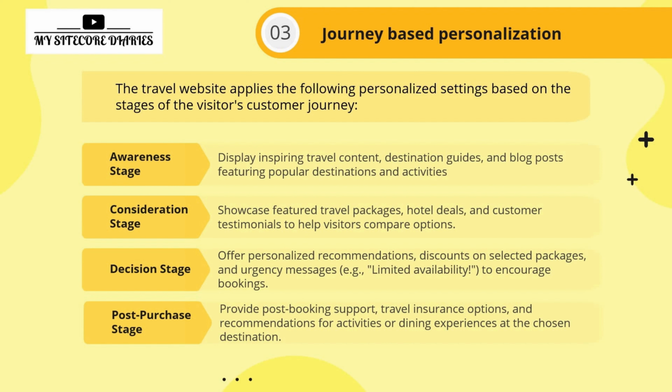You will have some pages, and if a visitor visits that page, you will give some engagement value. All those activities you have to do, and that will give you the idea that they're in the awareness stage. You might have a page where they're checking the hotels, then you may consider they're in the consideration stage. Depending on that you will set up your rules.